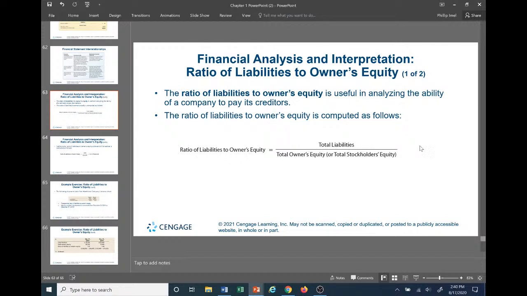Total liabilities is your numerator, the one on top, and your denominator, the one on the bottom, is total owner's equity or total stockholders' equity. Pretty easy ratio to remember. Once again, this is useful in analyzing the ability of a company to pay its creditors.